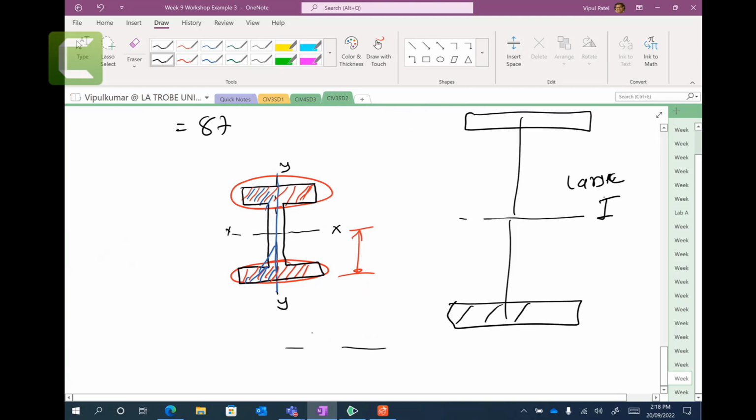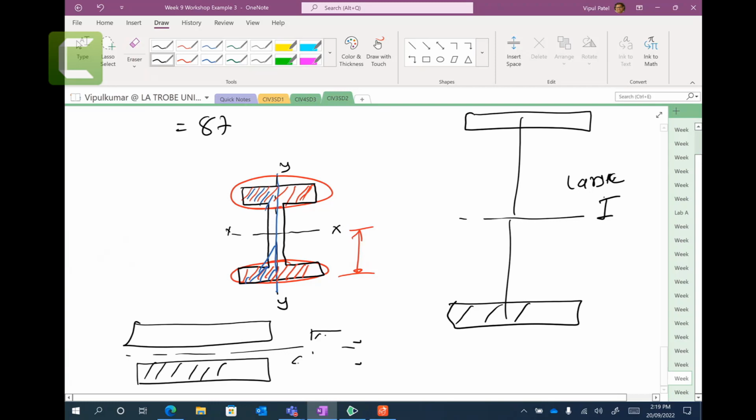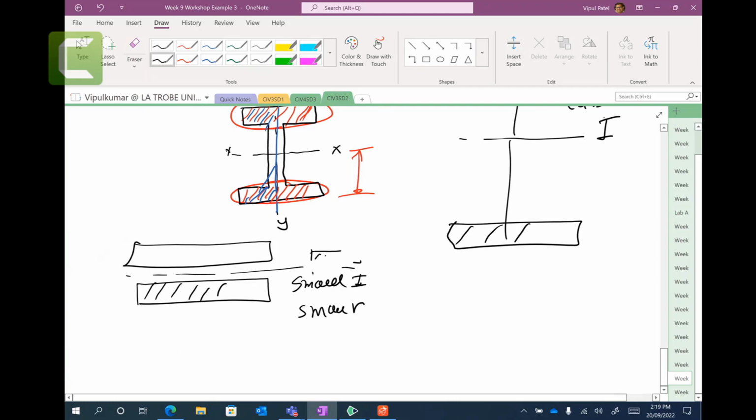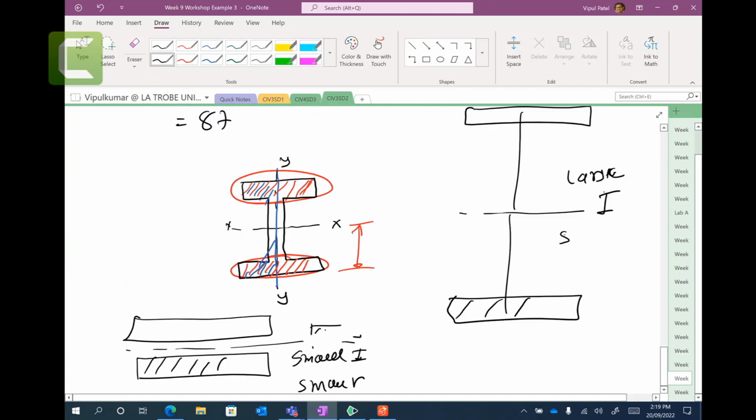Same thing if I put the material close to this axis, same material, by the way, same size. Small I means small r, and large I means large r.